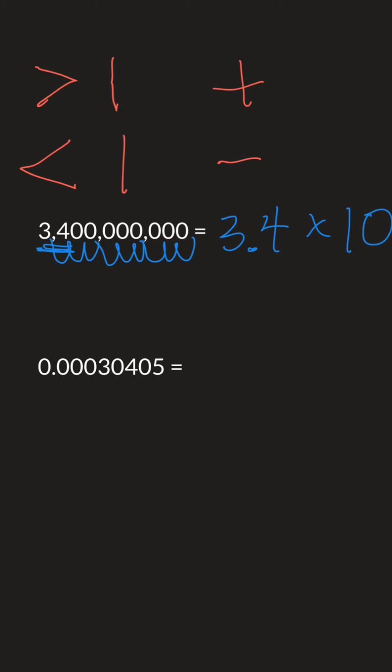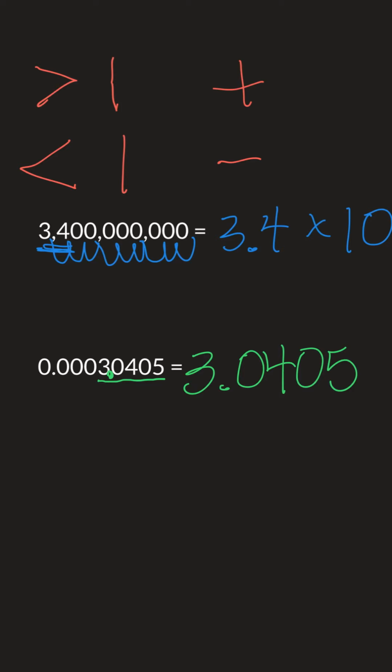Let's look at the second one. You can see I have a bunch of non-zero numbers, and I have zeros in the middle. Because the zeros are in the middle, they have to go along with it. So again, I'm going to put the decimal behind the first one. So I'm going to write 3.0405. It's okay that I'm writing that much.